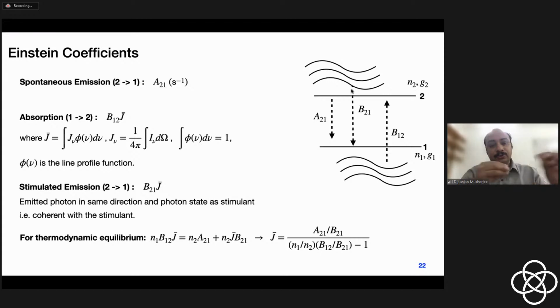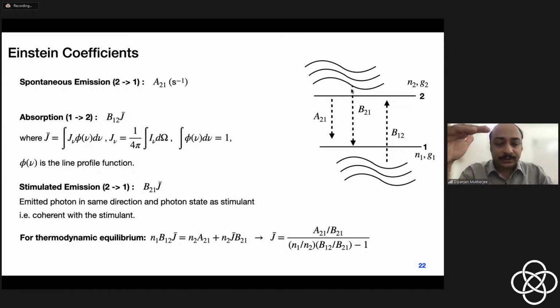For example, two atoms are interacting and colliding with each other. One atom gives its kinetic energy to the other one, and this makes it collisionally excited, just by transfer of energy in collisions, to go to the level 2.